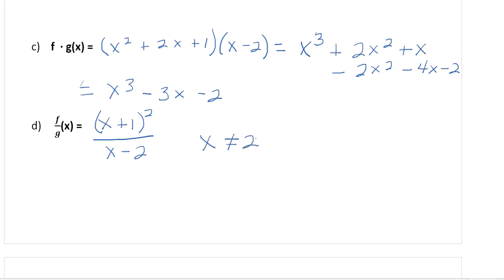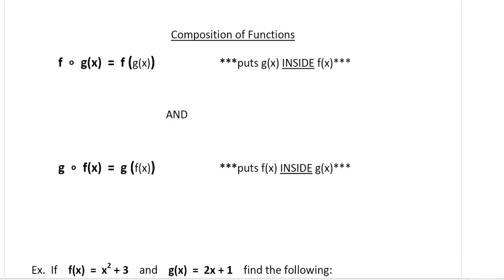All right, this is the second part of 8.1. This is called the composition of functions. That little symbol that looks kind of like a degree symbol stands for "of", like this is f of g.